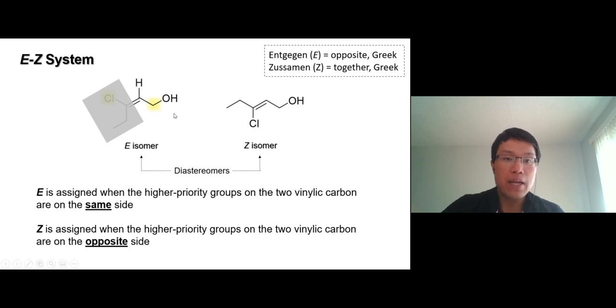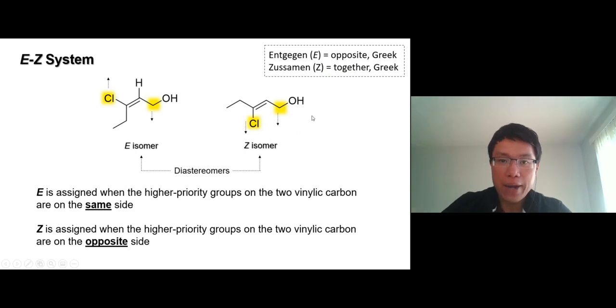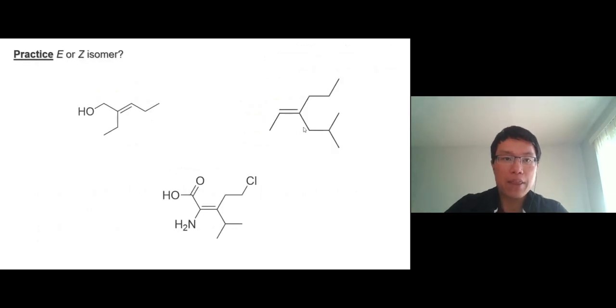Carbon wins for sure. If the two priority groups point in the opposite direction, that's an E isomer. So E, opposite. And if the two priority groups point in the same direction, together, that's Z. Together, same direction.